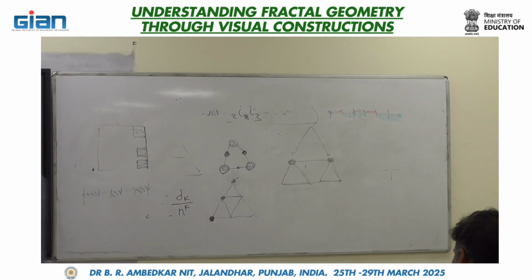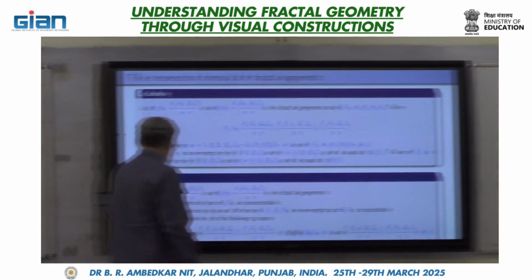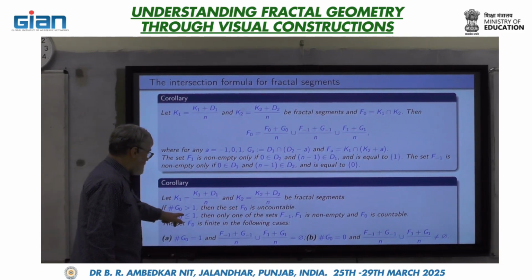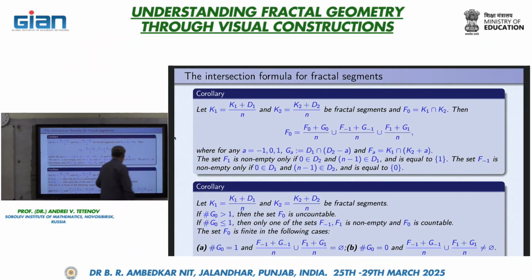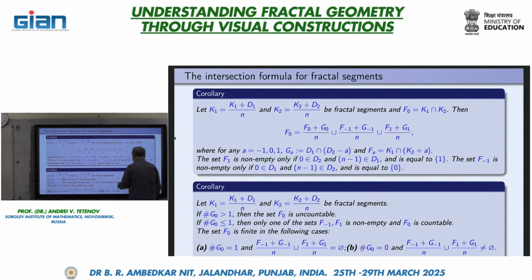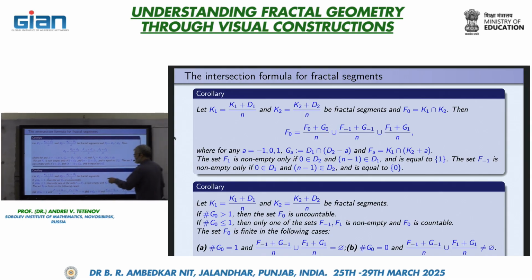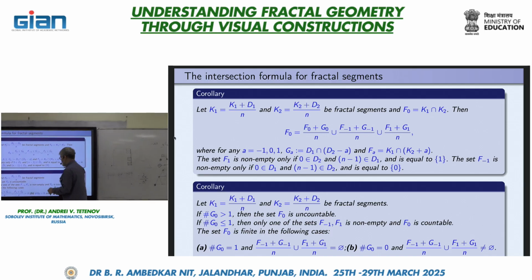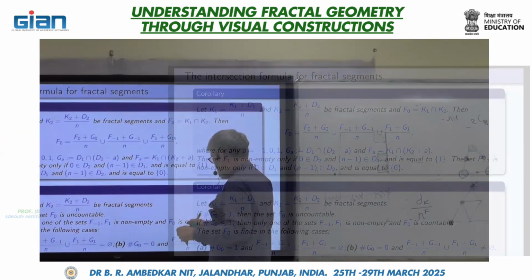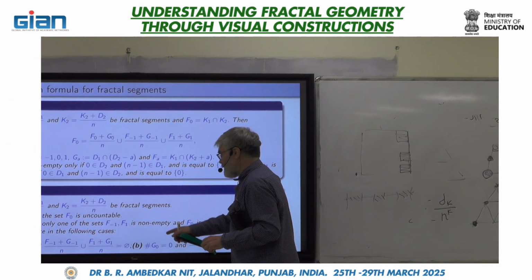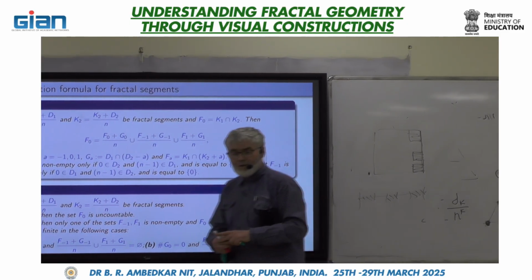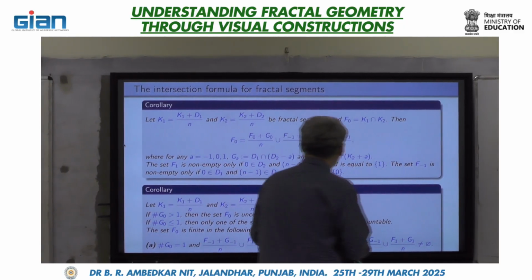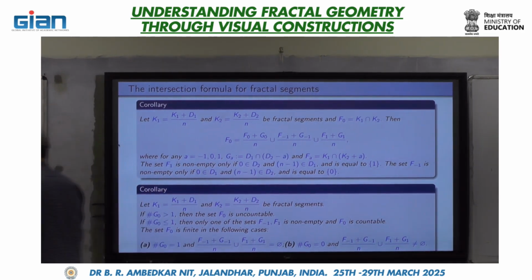Therefore, the intersection of two fractal segments that contain one or fewer common parts may be countable, but in some good cases it consists of only one point, and we are interested in having only a one-point intersection.